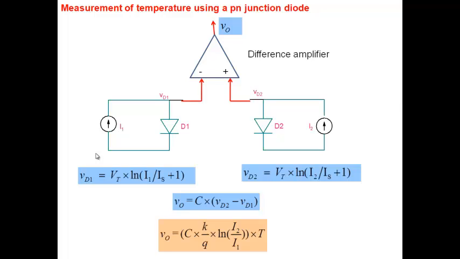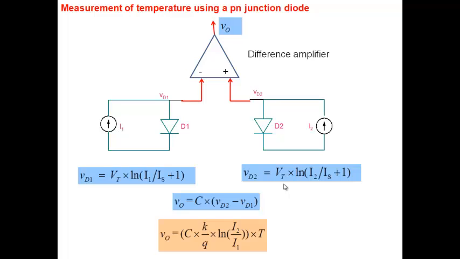And I want to exploit this particular fact, so I want to use the difference of the two voltages to get this relationship. It's a linear relationship, there's a cancellation involved, and that's beneficial. But at the same time, I don't want to use two diodes. And still I want to do this.